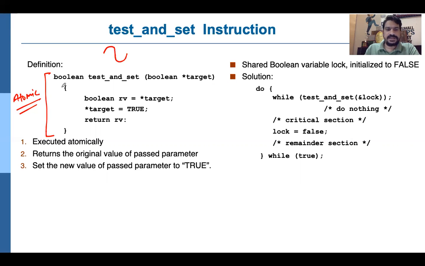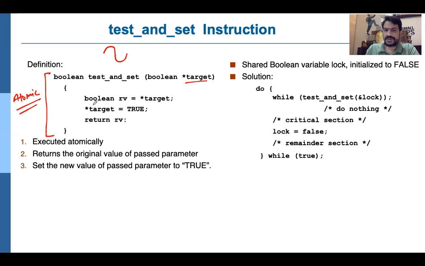Now it says that there is a return value as Boolean. Test and set is the function name, and it is taking a pointer. Which pointer? A Boolean pointer. The pointer name is target. What it is doing? It is taking the value of target into a variable RV.